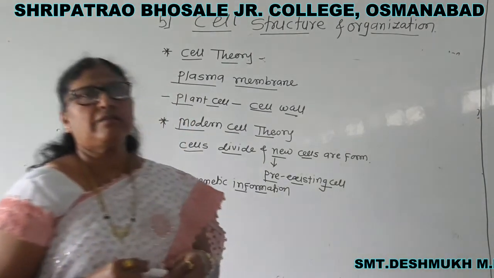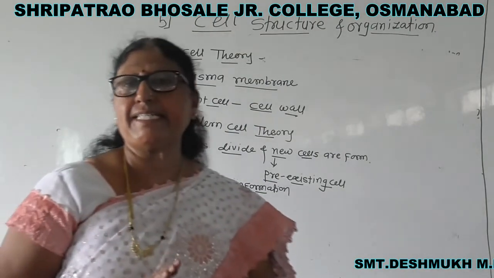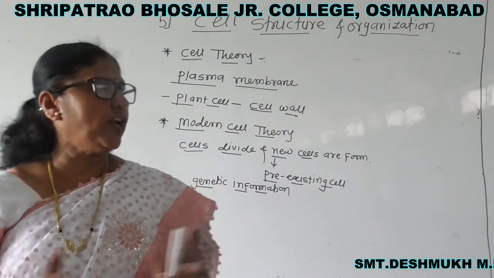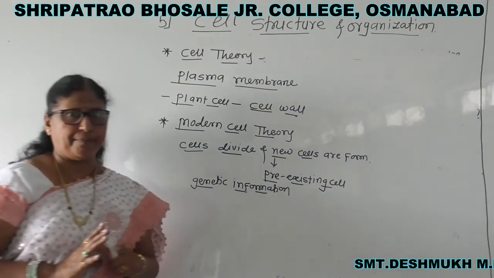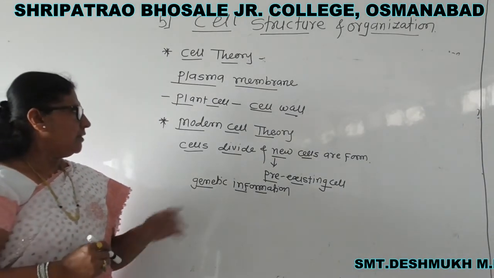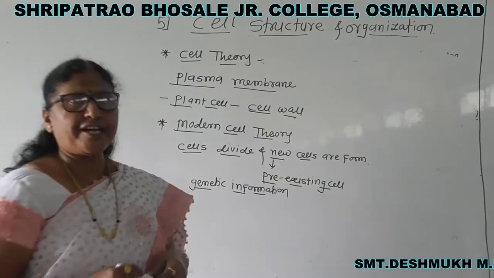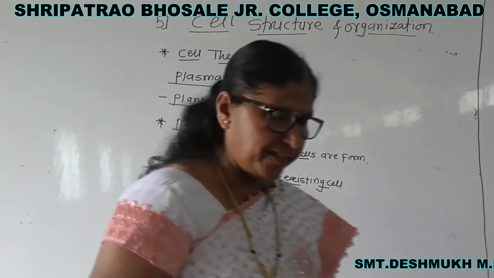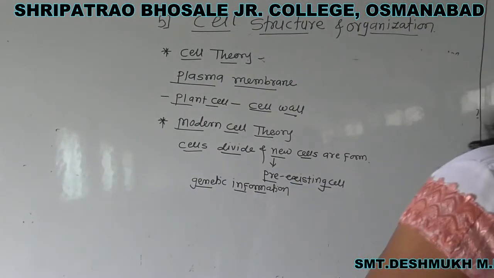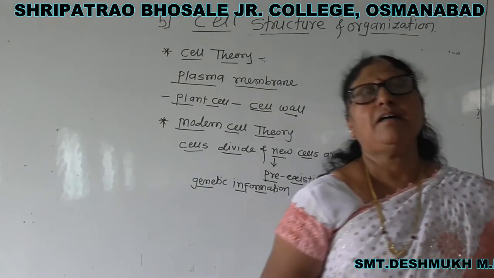The nuclear membrane and nucleolus completely disappear. Then the third stage of mitosis is the anaphase.